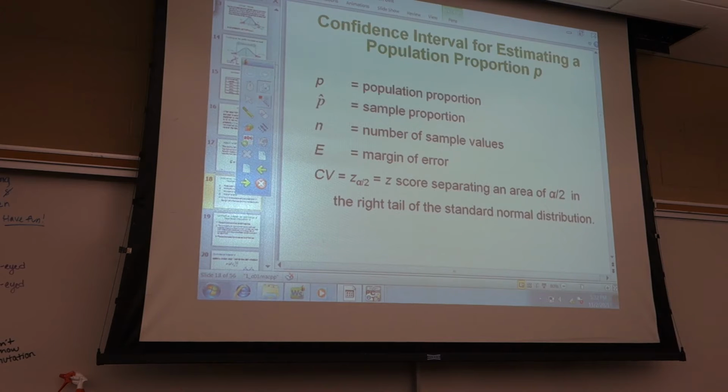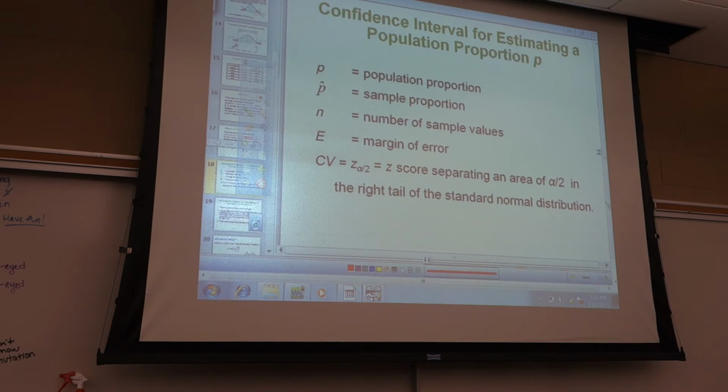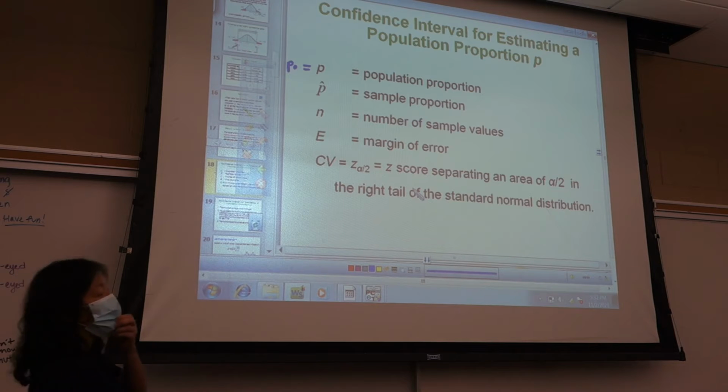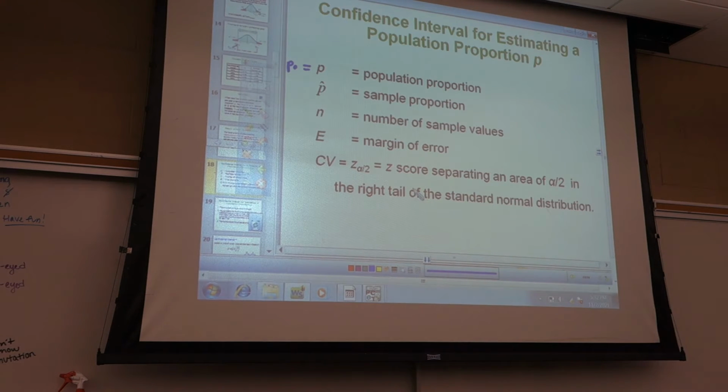All right. Here's some things you're going to want to write down. P or P naught. P naught is the same thing as P. They're used interchangeably. Some people use P naught, some people use P. They both mean your population proportion. You have P hat, that's your sample proportion. There's N, the number of people you sampled.